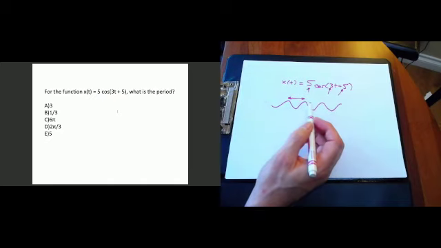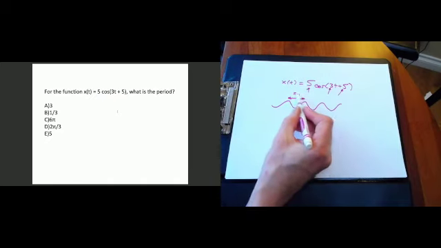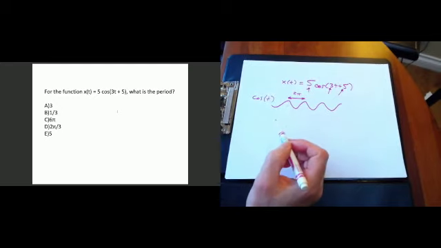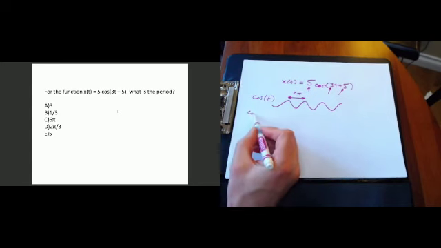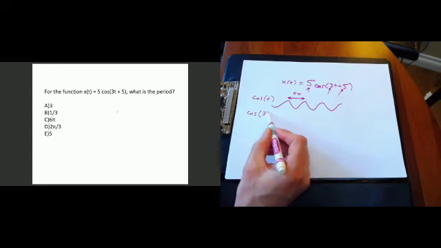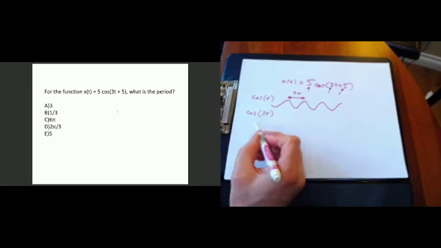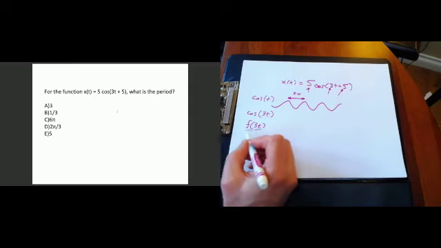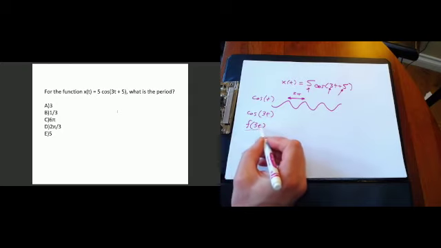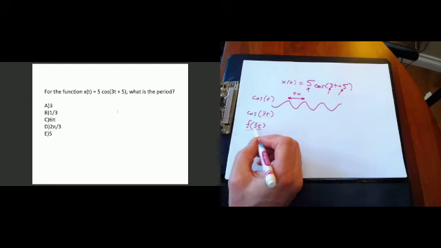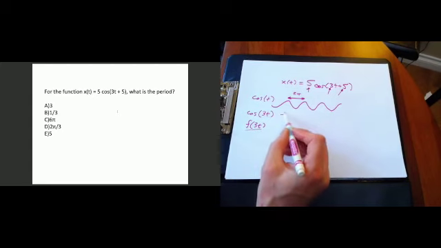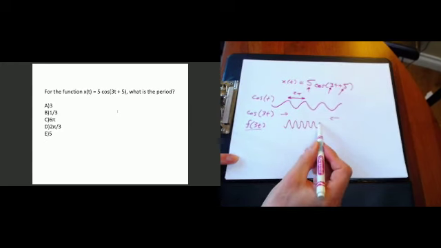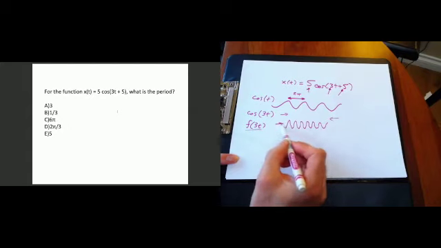One method is just to realize that if you have cosine of t, then the period is going to be 2 pi. And if you have cosine of 3t, in general, when you have a function and then you evaluate that function at 3 times t instead of t, it just squishes the whole function by a factor of 3.